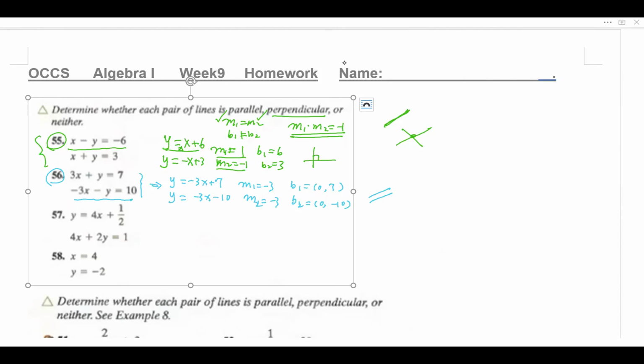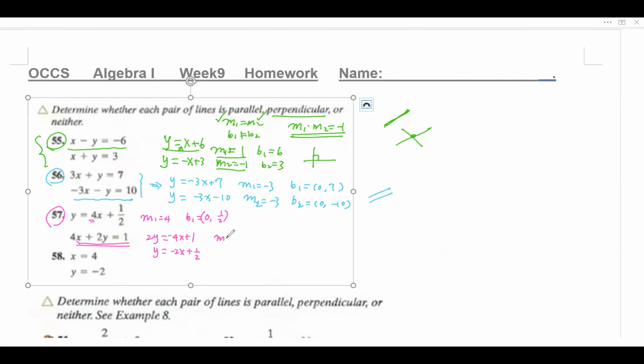All right, let's see 57. This one is already in slope-intercept format, so we can quickly get it. The slope is 4 and the y-intercept is (0, 1/2). What about this one? This one needs a proper transform. You get 2y equals -4x plus 1, then both sides divided by 2 equals -2x plus 1/2.